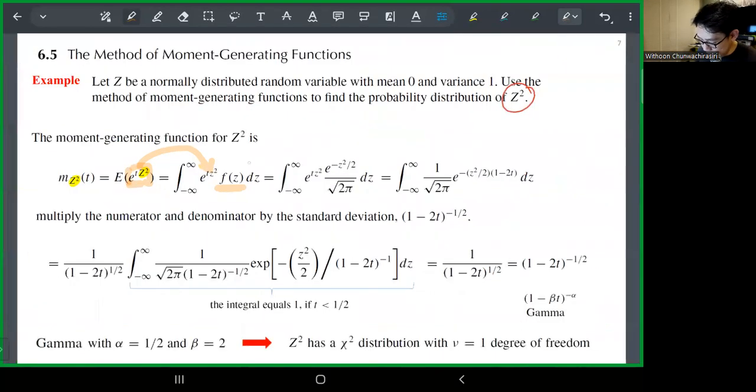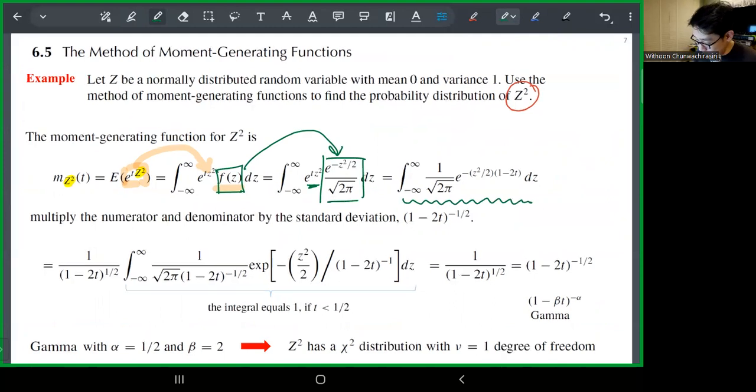And because the PDF you have right here is just a standard normal, it looks like this, which is fine. Right there, e to the tZ squared is in the front.